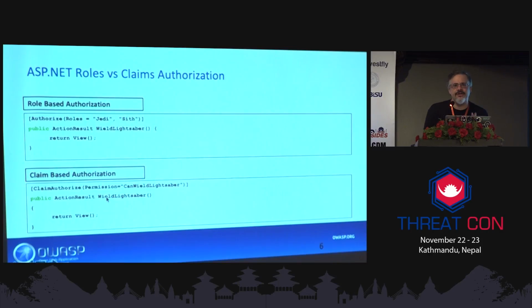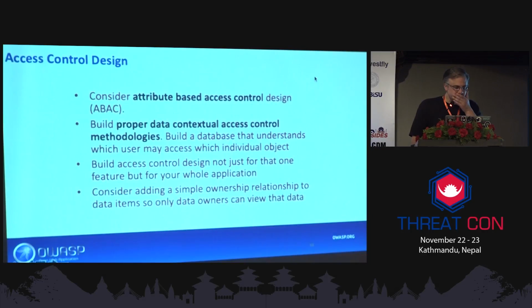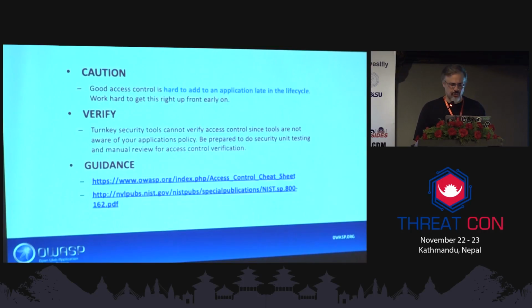This is what modern access control requires. In the US, we have a standard called ABAC, called attribute-based access control, because role-based access control has failed in the US government in many ways. So I'm jumping ahead here. So consider attribute-based access control. Make sure you can support data-specific access control as well.